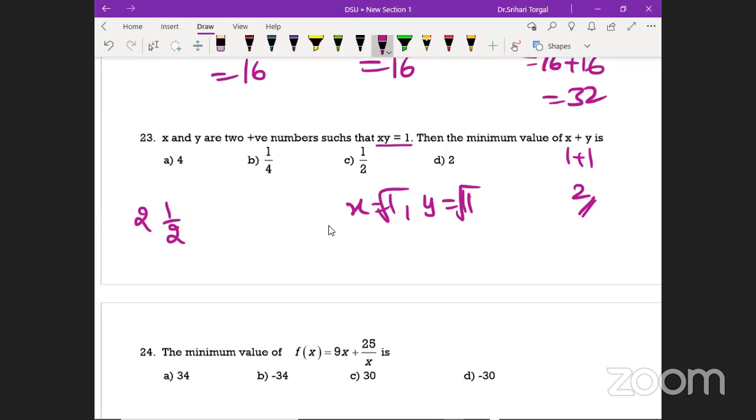If you add these two, you will get 2.5, which is greater than these two. You can check it out with other numbers. So here 2 is the minimum value. Got it?